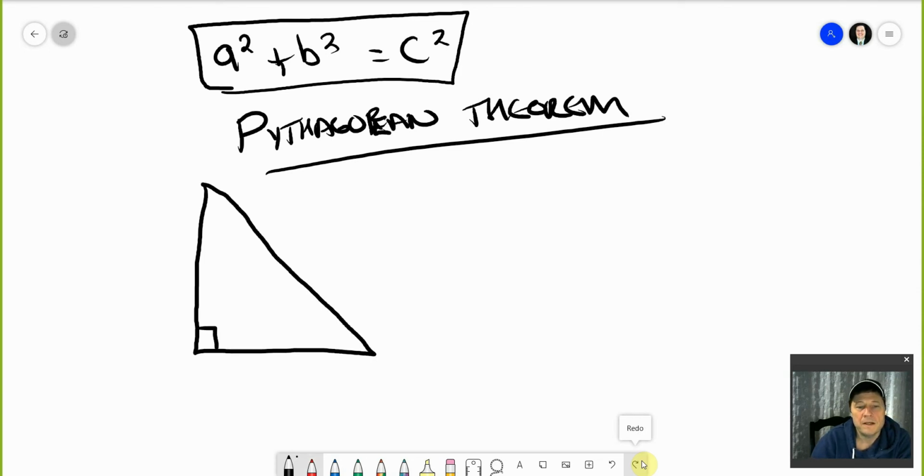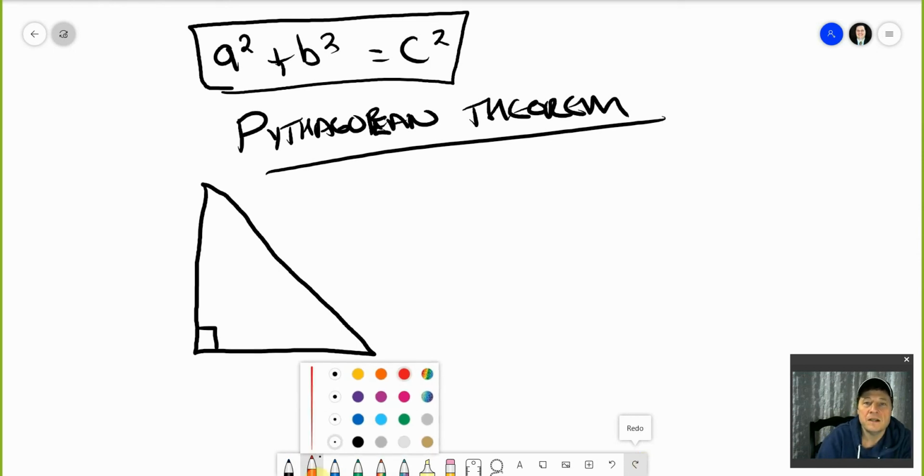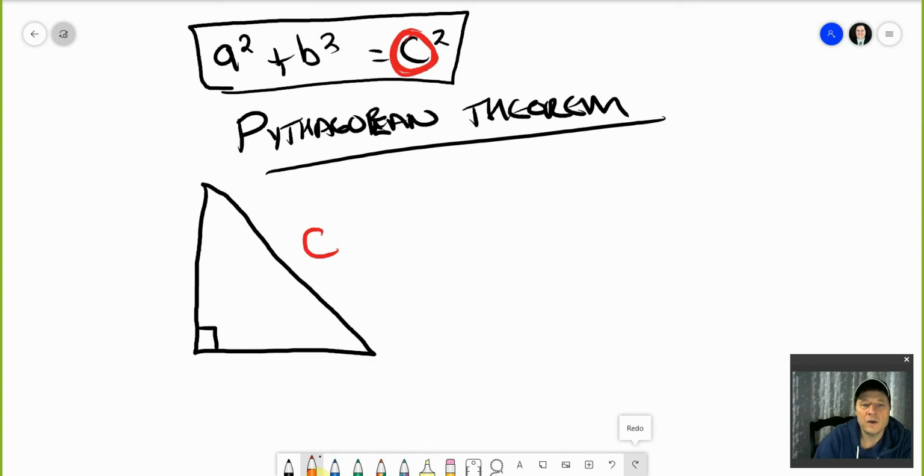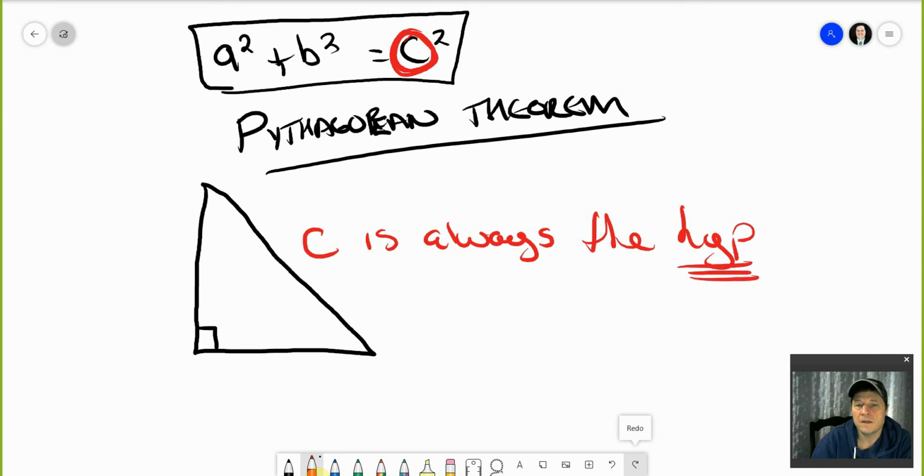Okay, just to be clear too, in the Pythagorean theorem, C is always the hypotenuse. Remember that.